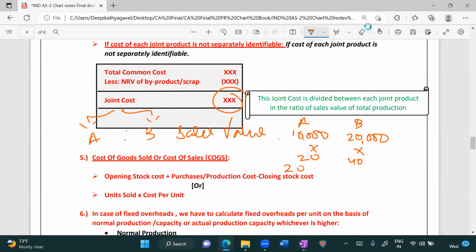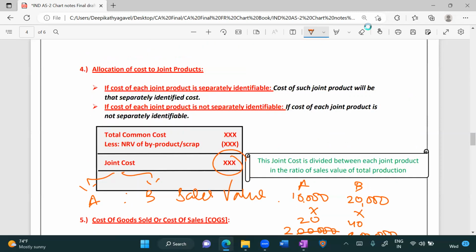So it becomes how much? So 2 is to 8. You will divide it in the ratio 1 is to 4. Your total joint cost will be divided between A and B in the ratio of 1 is to 4. Got it? So the standard says in case you are able to separately identify the cost, then whatever cost is identified, you divide it accordingly.